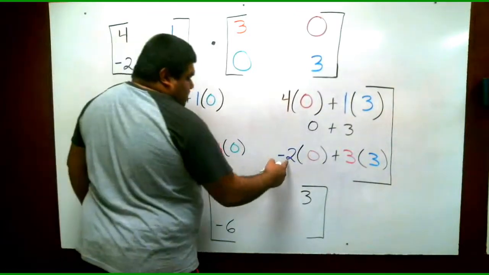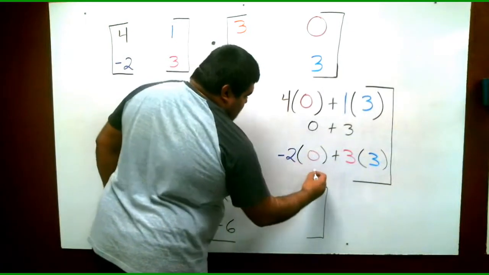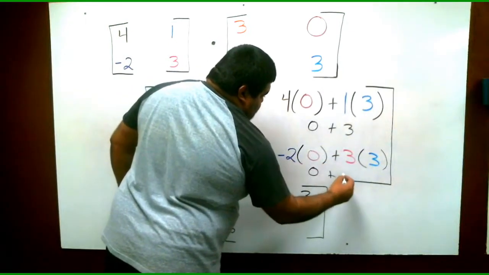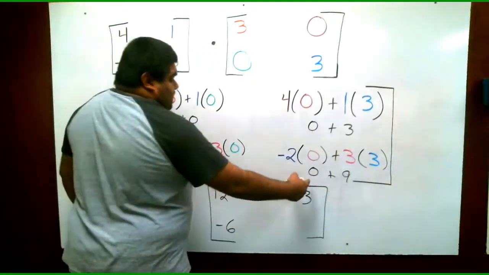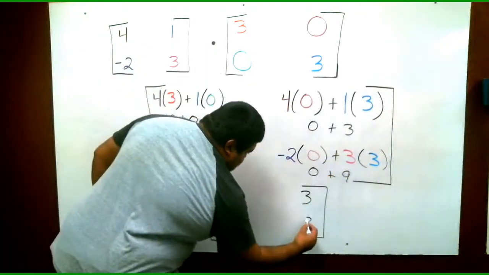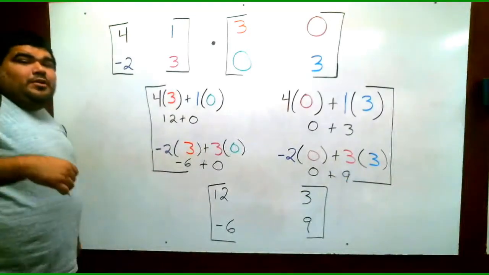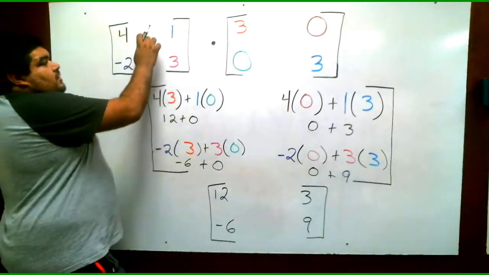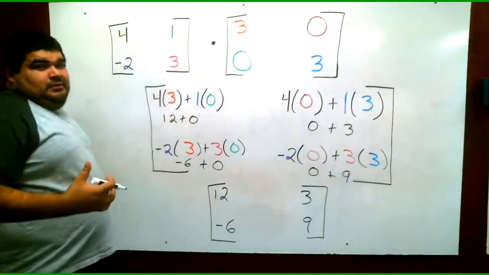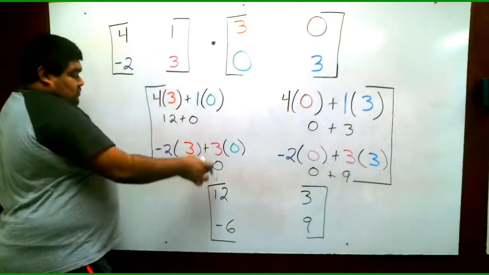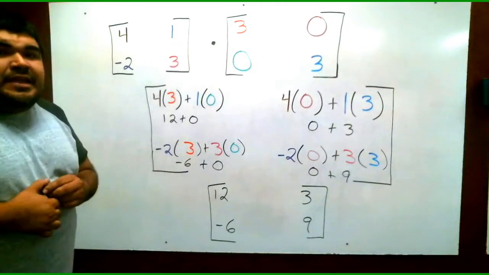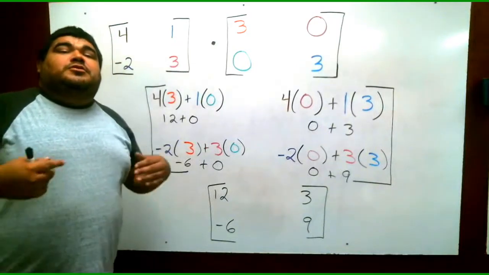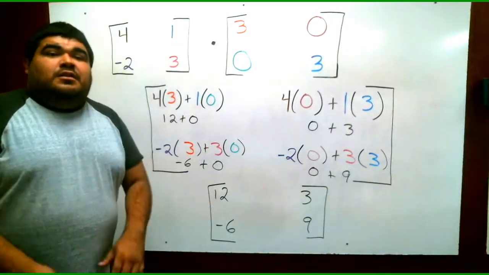And then the other one, negative 2 times 0 is 0, plus 3 times 3 is 9. 0 plus 9 is 9. So our answer, when you multiply these two by two matrices, is 12, 3, negative 6, and 9. And that's how you do multiplication with matrices.